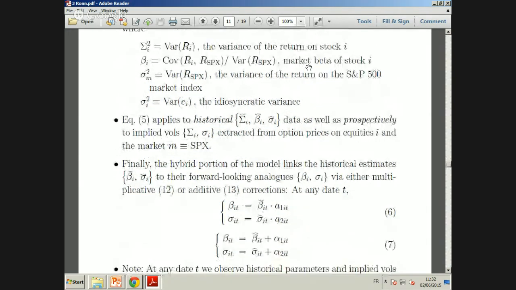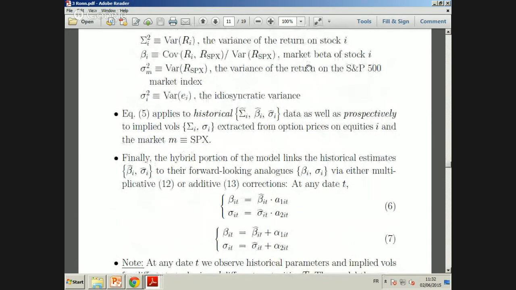What we're going to do, as you can see in 6 and 7, is lay on a structure on the historical beta as well as the historical idiosyncratic variance, and say that what the market prices of the options are telling you is that the forward-looking one is some perturbation, either multiplicative or additive, relative to the historical.